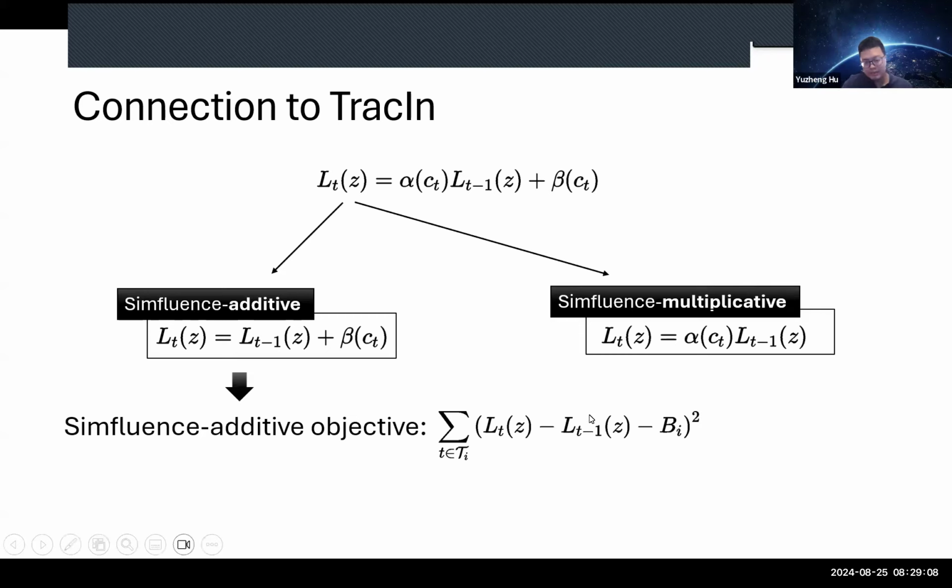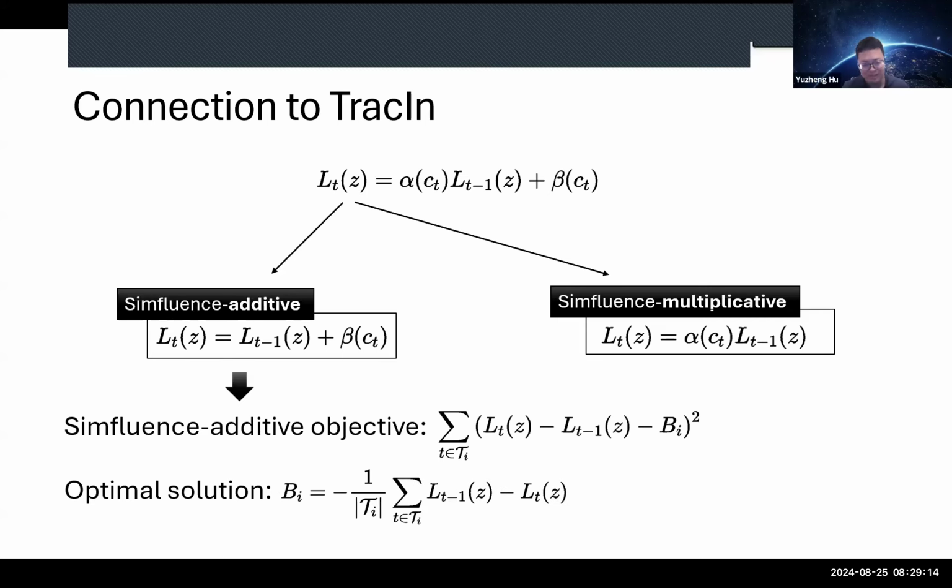Then the objective is just the summation of the square. And the optimal solution to this Simfluence additive objective will be just a scalar times LT-1Z minus LTZ, for those iterations of batches that involve this particular sample, I.